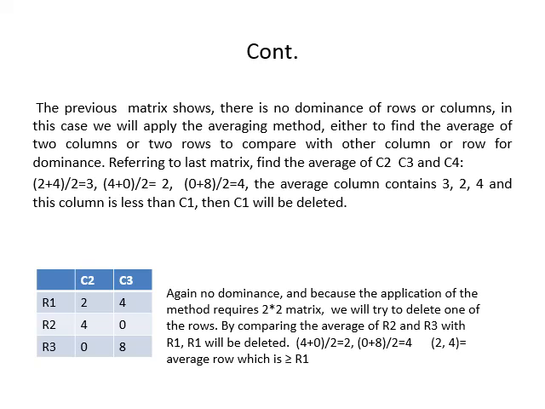Now we will assume that this column, the average column, consists of these three values, 3, 2 and 4. Now let us compare these three values, the average values, with the column C1.